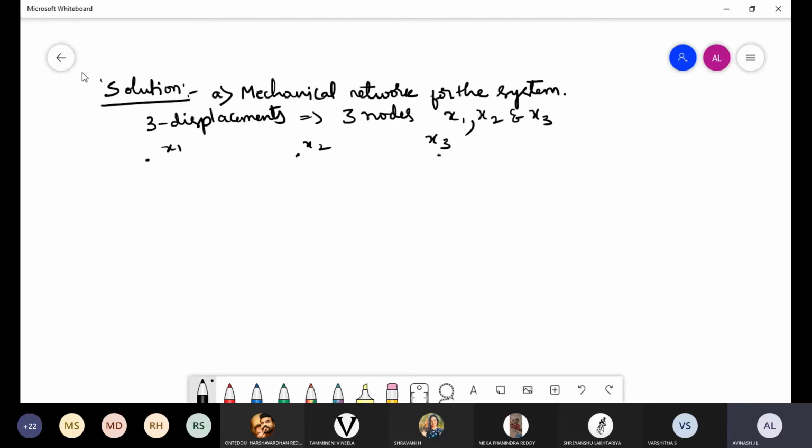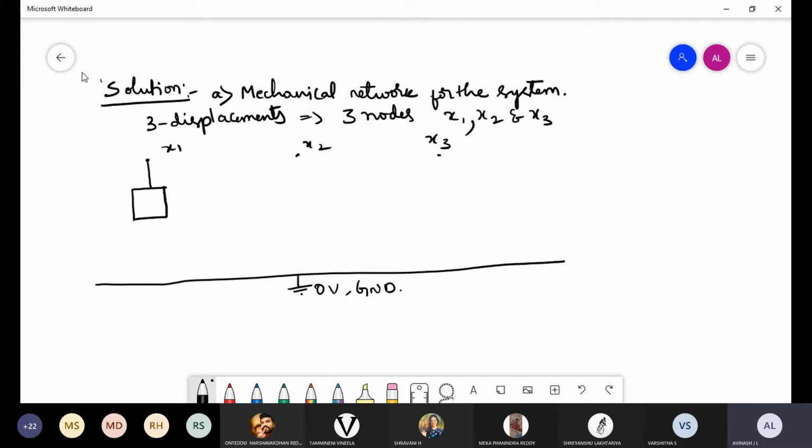Now we see what are the things associated with m1, in turn x1, x2 and x3. I'll write the reference line also. This reference line is connected to ground, or else I can say it is the ground. For x1 there will be m1, which is connected to it.